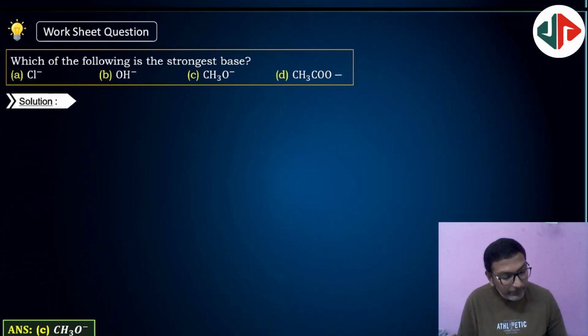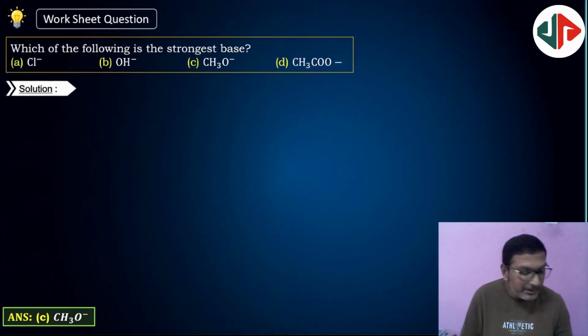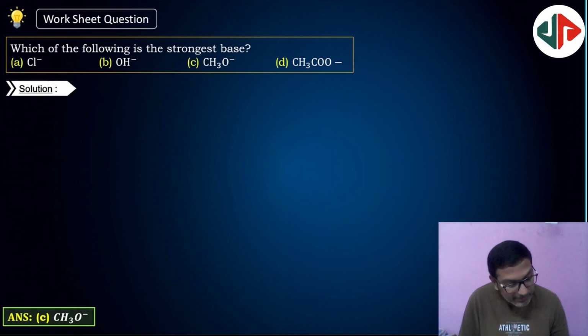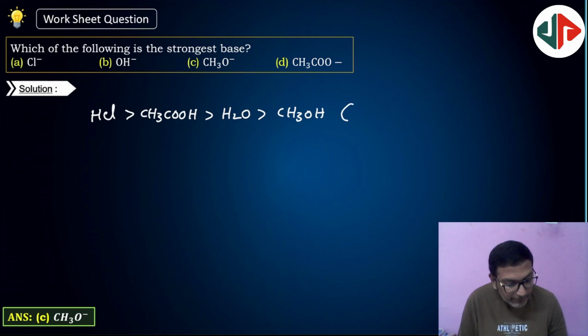Next. Which of the following is the strongest base? Here the corresponding acids will be HCl, acetic acid, H2O and CH3OH.